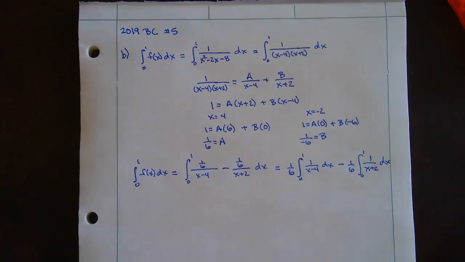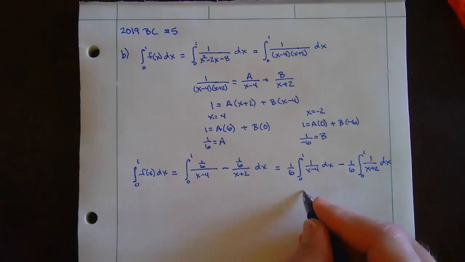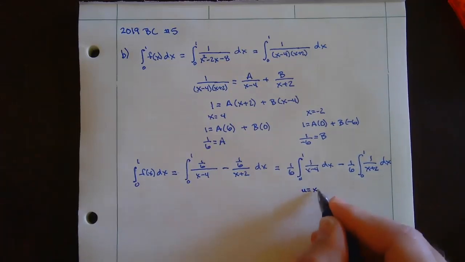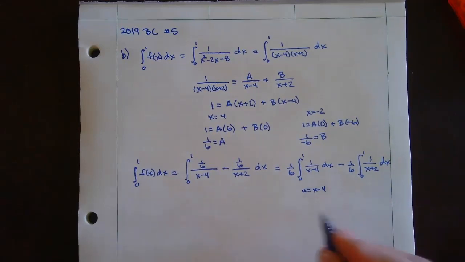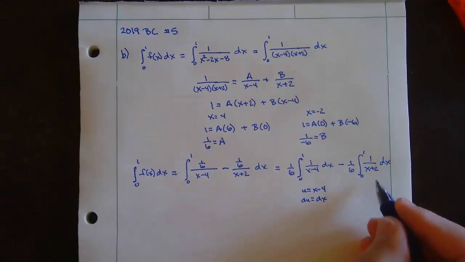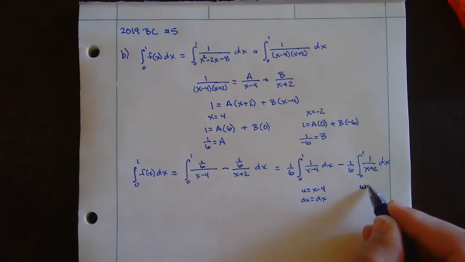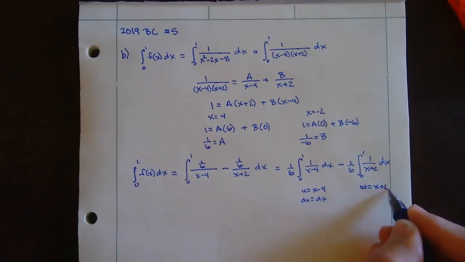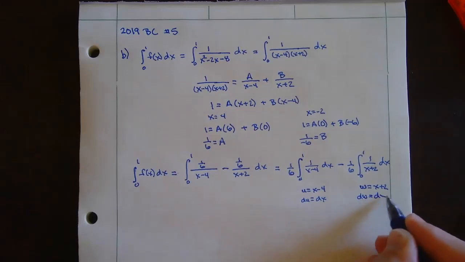I'm going to do a u substitution, and I'm going to let u equal x minus 4. And then du would be dx, right? And then over here, I'm going to let x plus 2 be w, and then dw would equal dx.